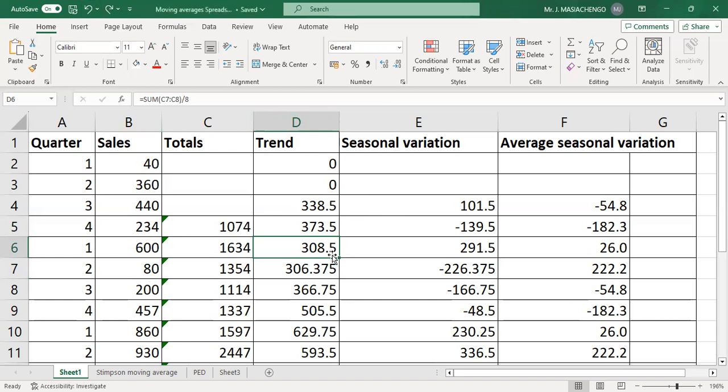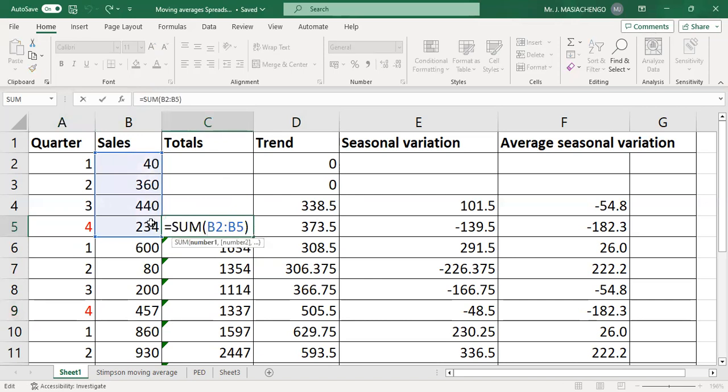Can you also try to calculate all these figures? So the seasonal variation, the base, let me try to summarize the simpler way. You need to fill in these totals, and this is a 4-point moving average. You can actually see this is a 4, this is 4. So it means we add 4 figures. For us to get this total, we add these 4 figures.